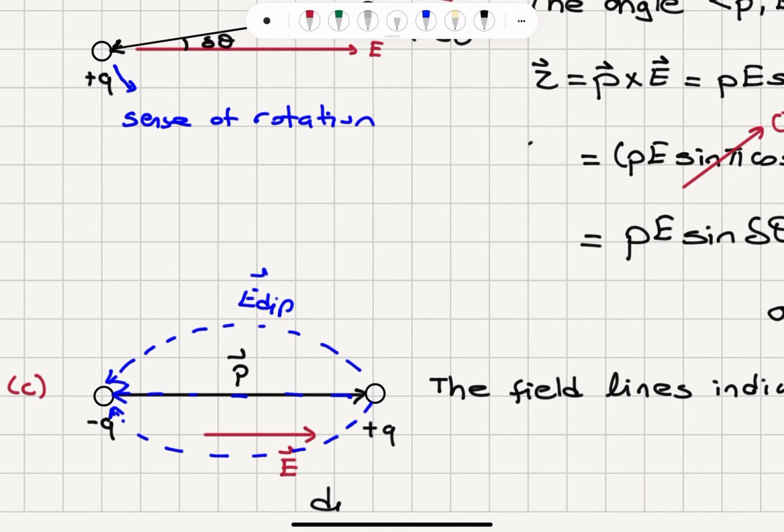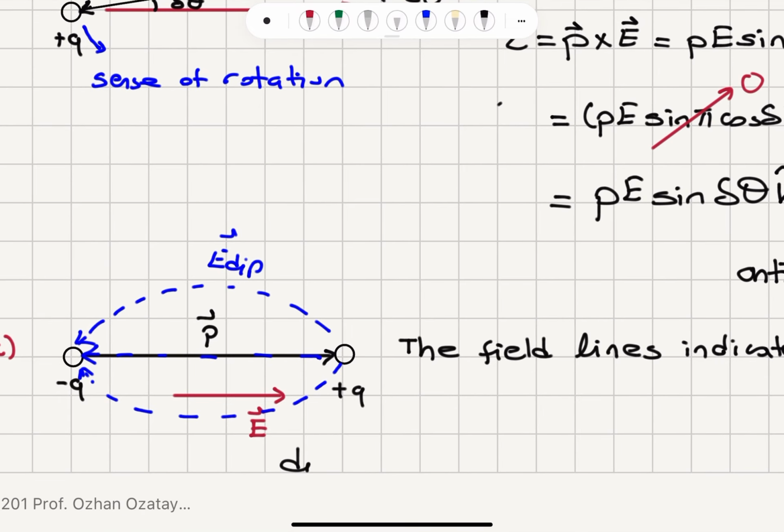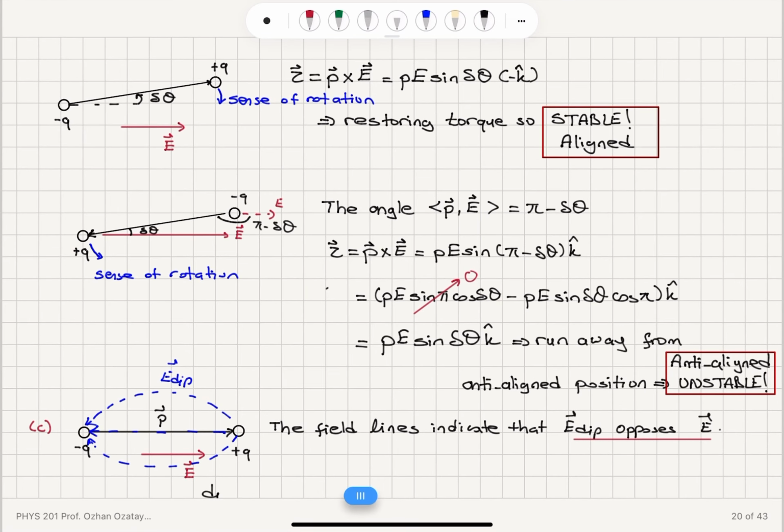And for the stable configuration, the dipole field pointing from plus Q to minus Q opposes the electric dipole moment vector P pointing from minus Q to plus Q, which is aligned with the electric field. Therefore, we see that the field lines indicate E dipole opposes this electric field. So this is going to be the result for the stable configuration.